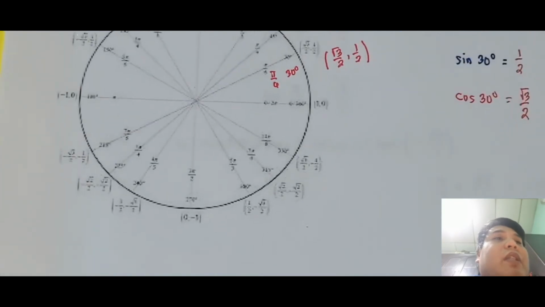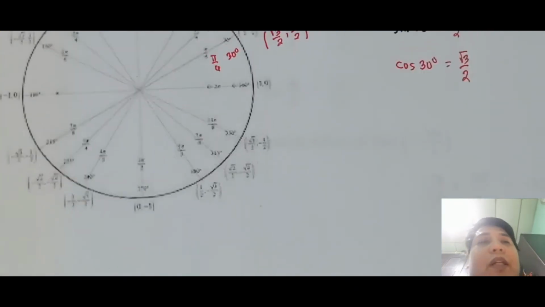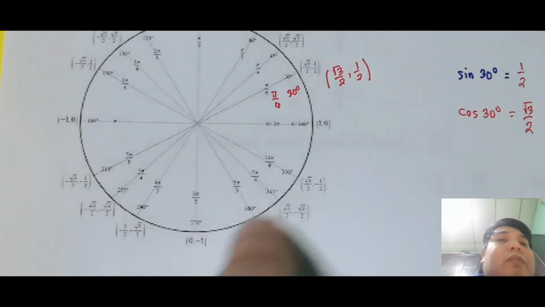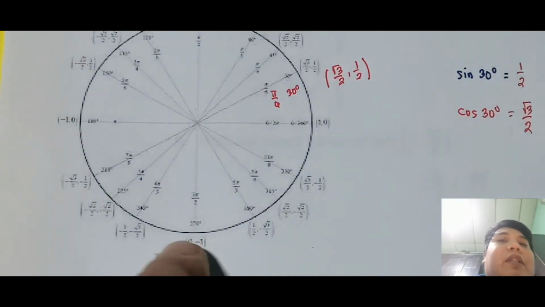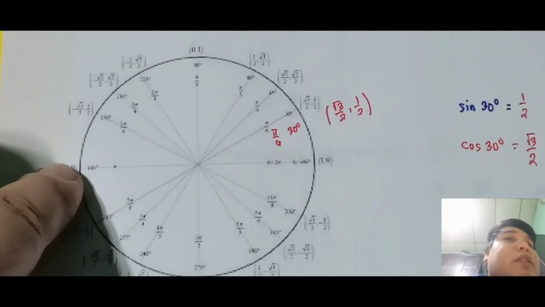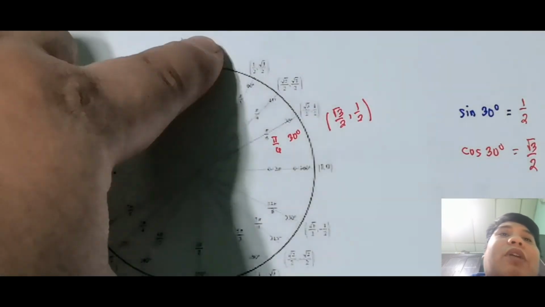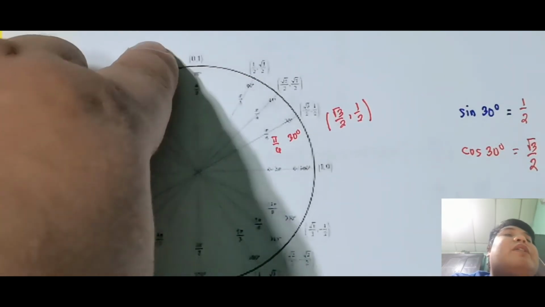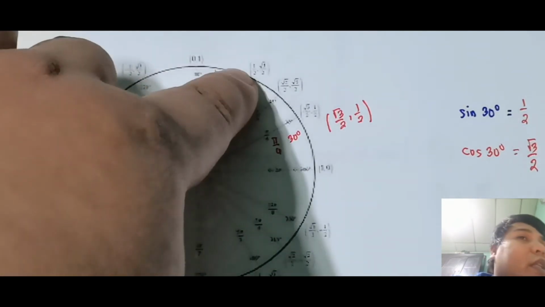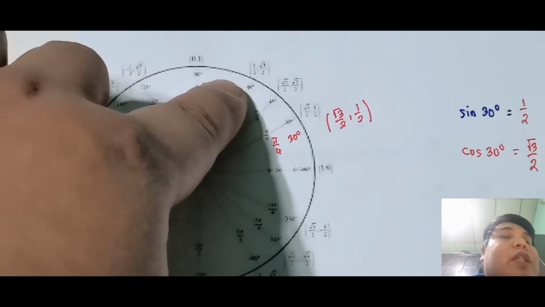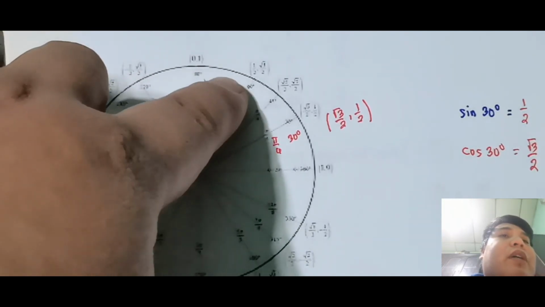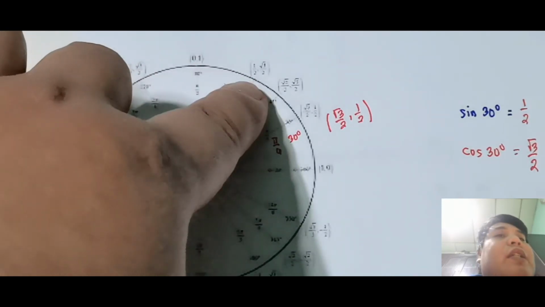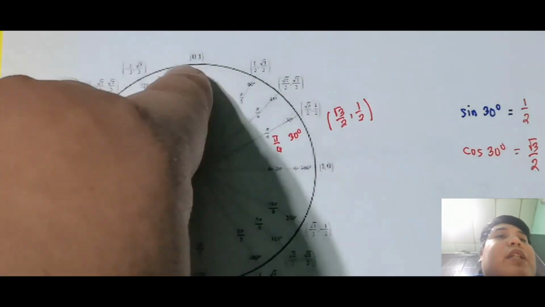Now, what we're looking for is negative 300. So let's reverse the process. Negative 90, then negative 180, then negative 270, then it's short another 30. So that is equivalent to 60 degrees.